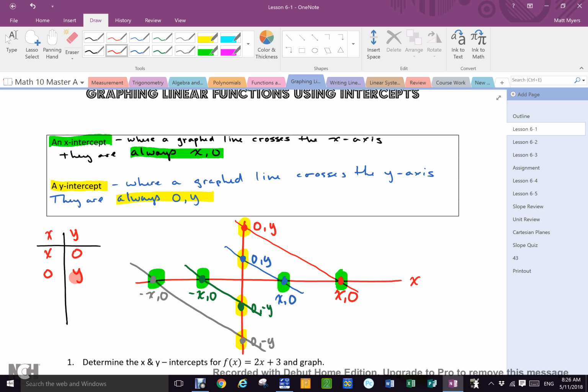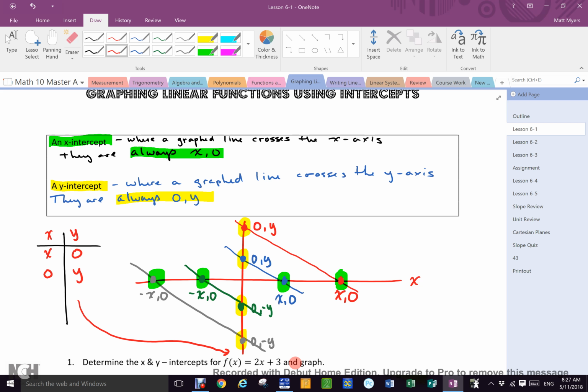Okay, now, if I have a table of values, what can I do with the table of values and an equation? You've done this a million times in Math 9 and 10.